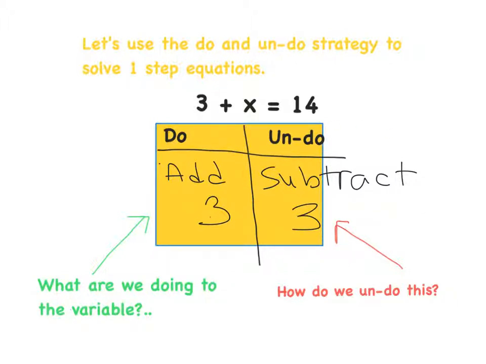And this is an important concept because when we solve equations, we are going to be working on using inverse operations. An inverse operation is simply the opposite. So if I add, the inverse operation is to subtract. If I multiply, the inverse operation is to divide.